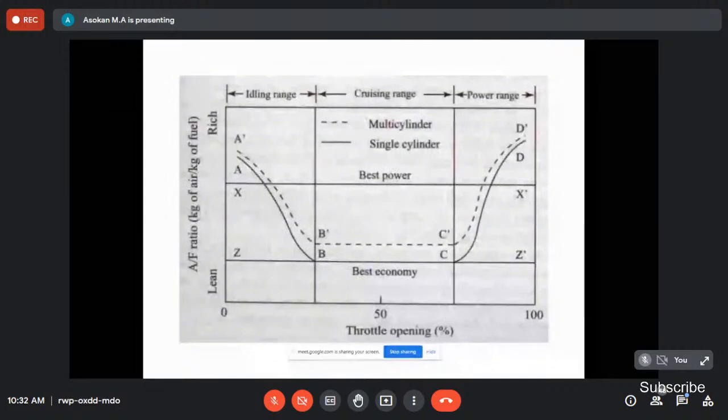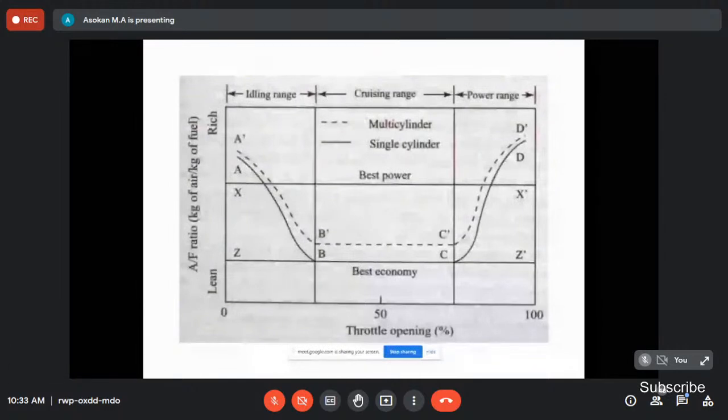In the case of a hill station, where we need more power but the vehicle runs at slow speed, we need the rich mixture. So the carburetor supplies a different air-fuel mixture for different conditions. That is a very tough task for the carburetor.